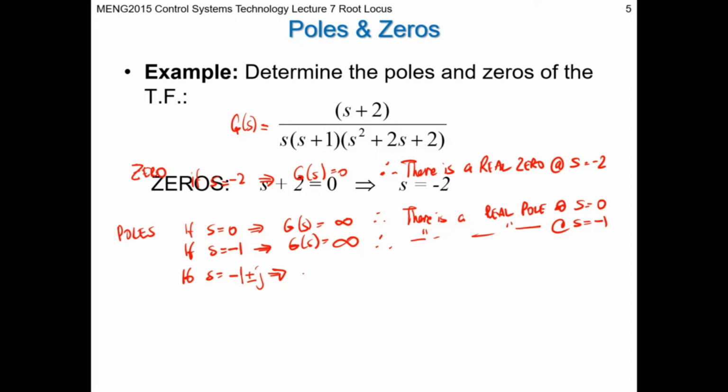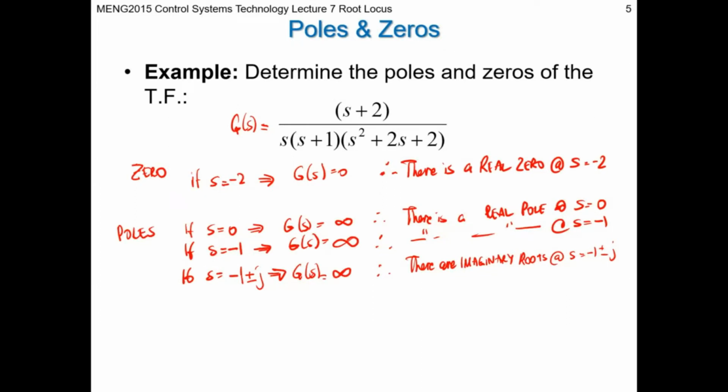Therefore, same story, our transfer function is infinity. So we could say there are a pair of imaginary roots at S equals -1 plus or minus j. Very good. So we got our poles and we got our zeros for this particular system.